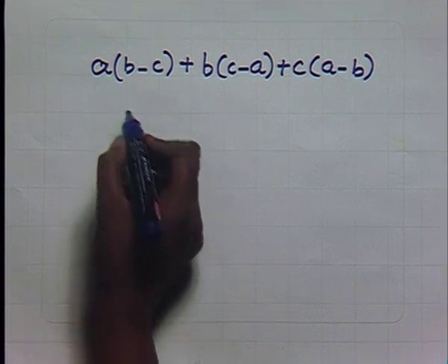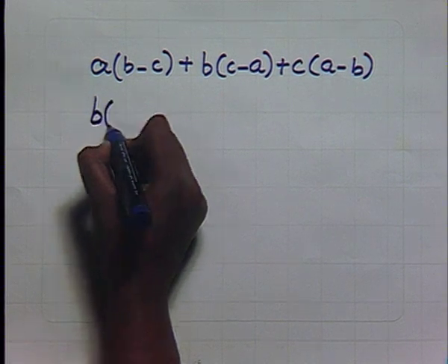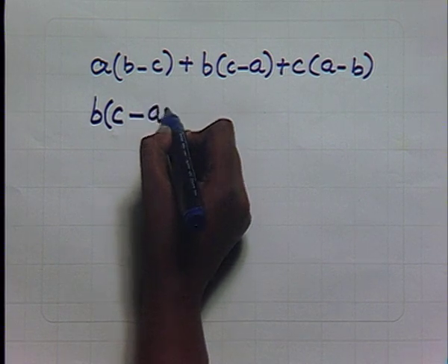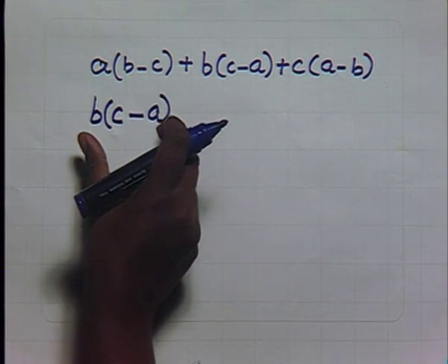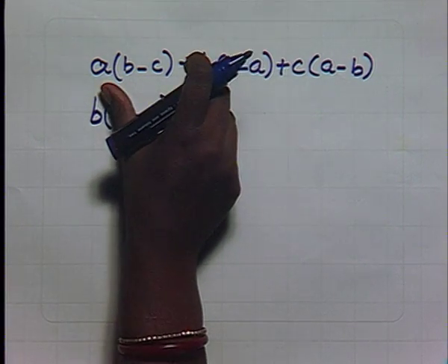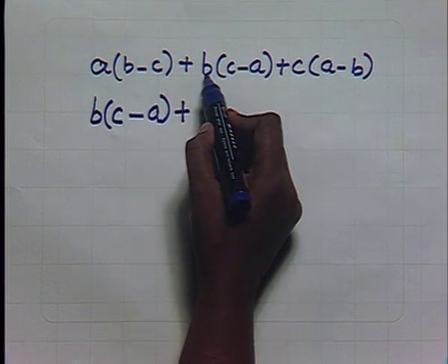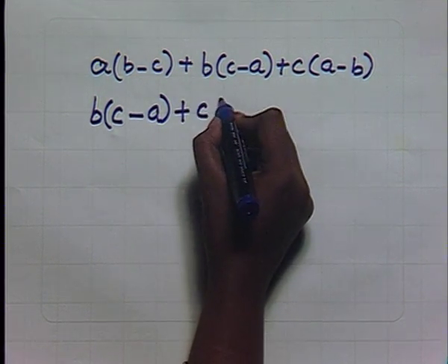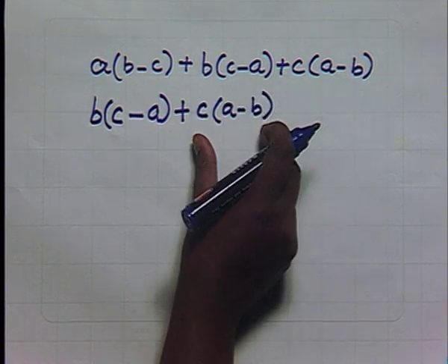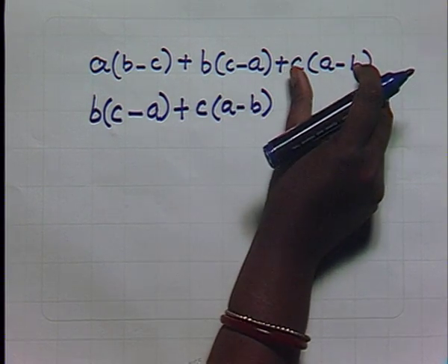Let us see. a becomes b, so we will get b here, b becomes c and c becomes a. This expression is nothing but the second term in the initial expression. Similarly, by the same process, b is changed to c, c is changed to a and a is changed to b. Again you find that this term, that is the second term here, is nothing but the third term in the initial expression.